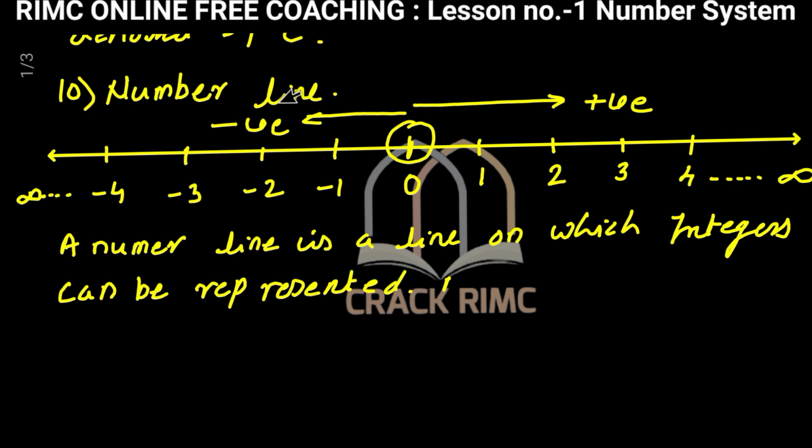Okay, so I will repeat the theory. A number line is a line on which integers can be represented.